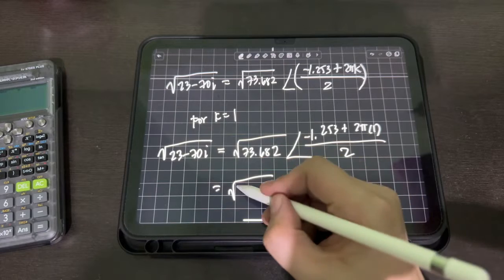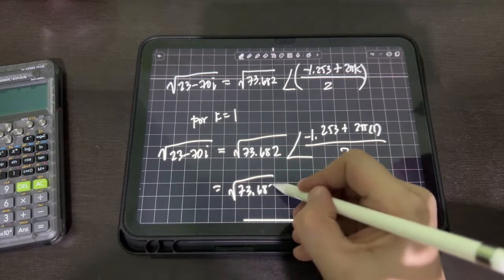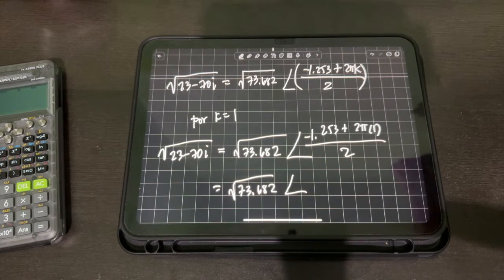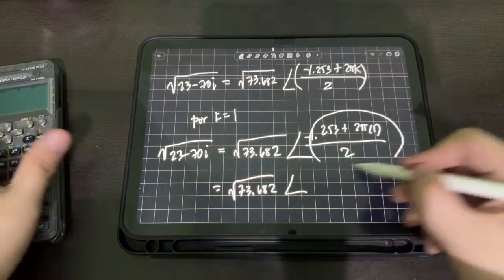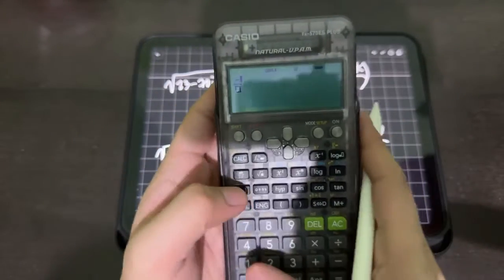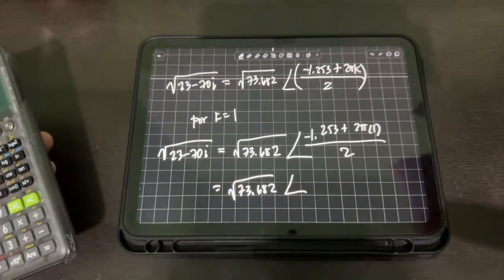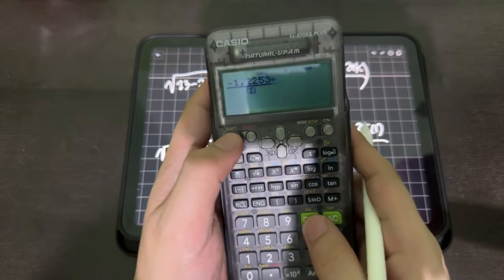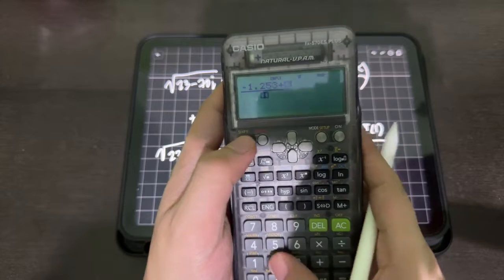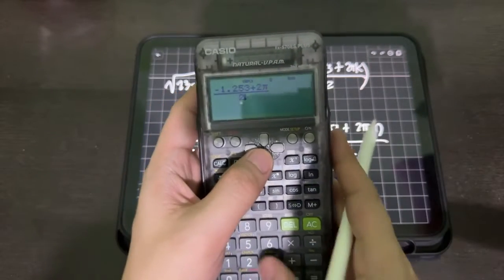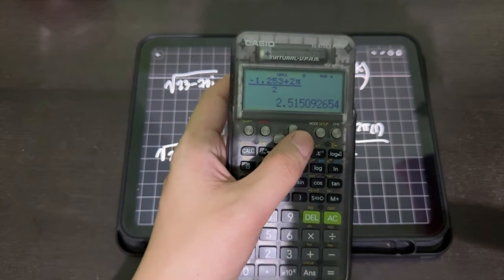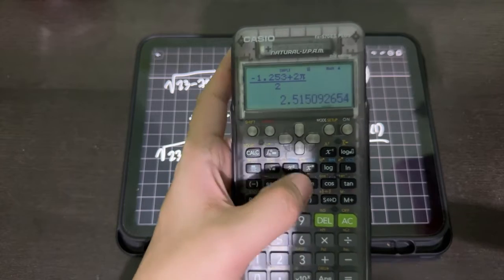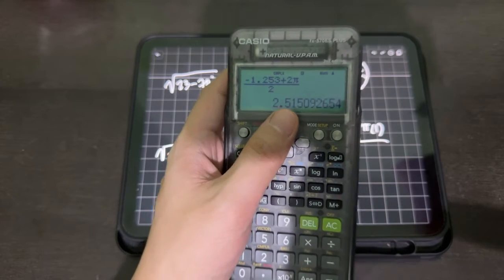So, you have the square root of 73.682 angle. So, input this in your calculator. Negative 1.253 plus 2 pi times 1, or simply 2 pi over 2. Approximately 2.515.